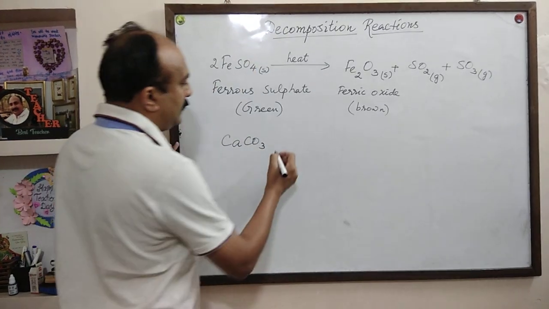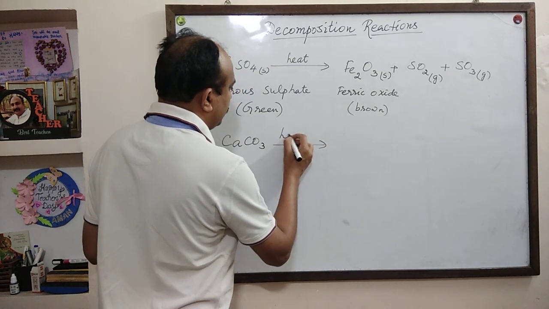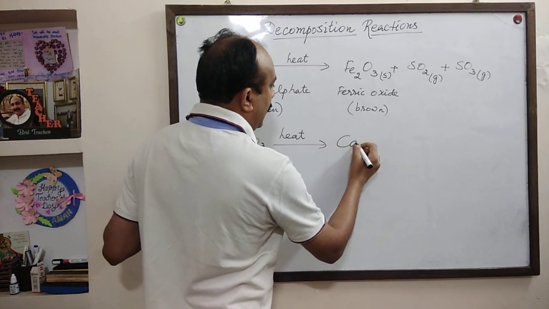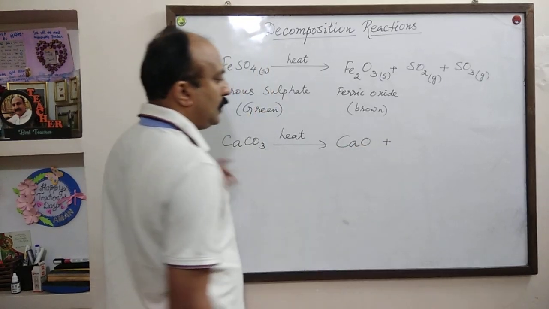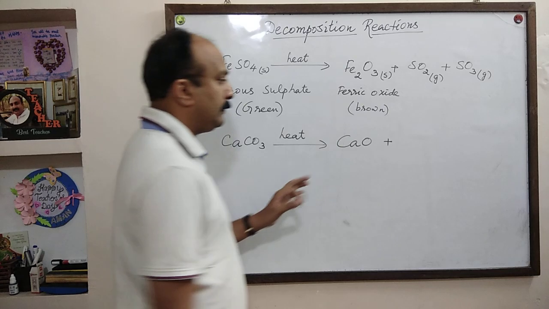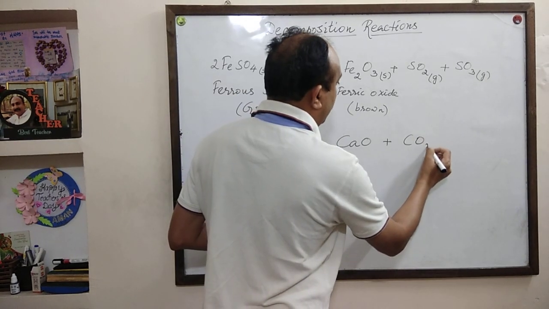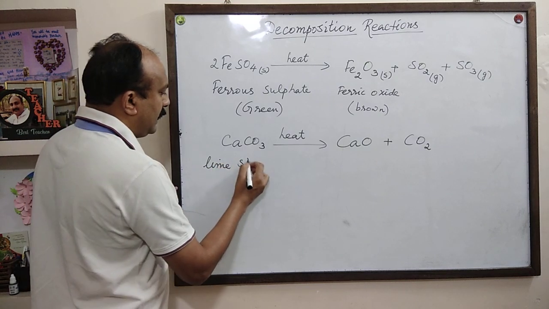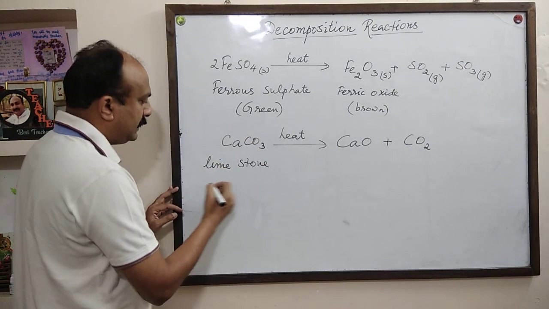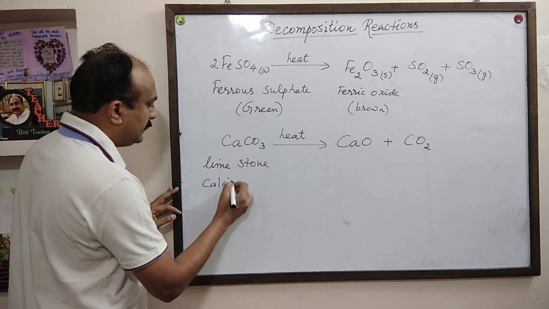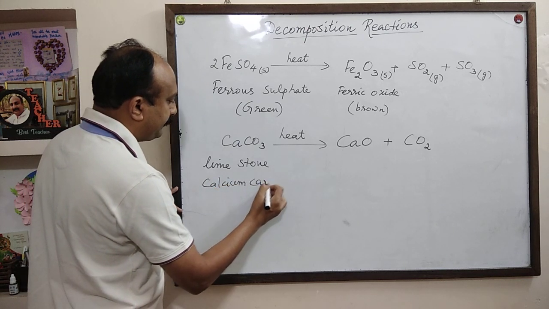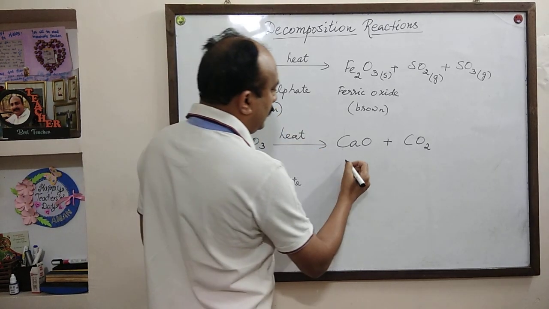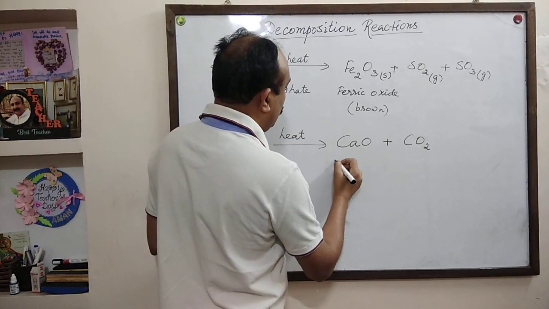When this calcium carbonate is heated, it decomposes to form calcium oxide, or it is known as quicklime, and CO2, carbon dioxide gas. So CaCO3 is limestone and its chemical name is calcium carbonate. On heating, it decomposes to form quicklime.